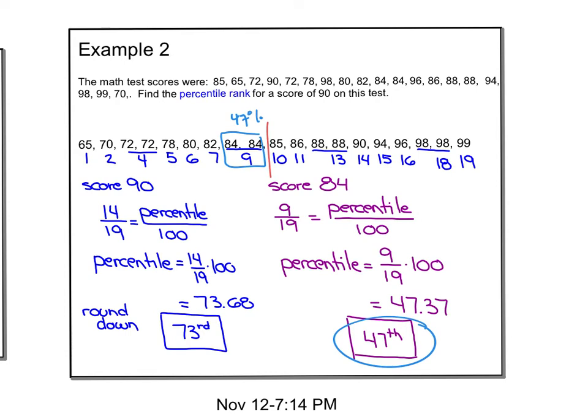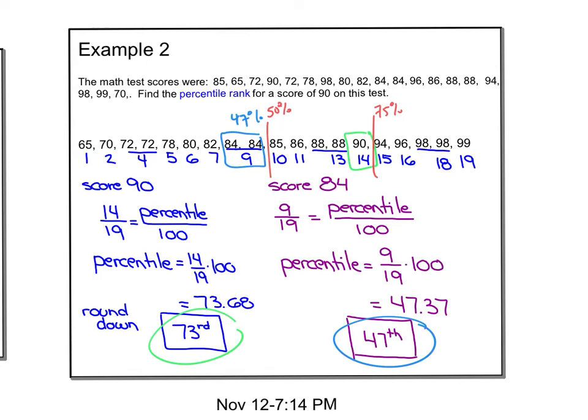And a score of 90, 73rd percentile, well, here's the 90. Distribution-wise, it looks like it's right on the edge of that 75th percentile. So you can split the data up into quarters and look at it that way as well, just to make sure you're in the right ballpark.